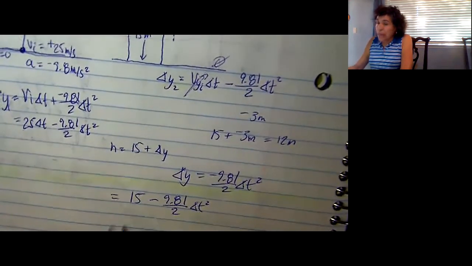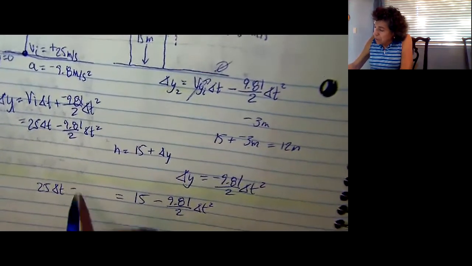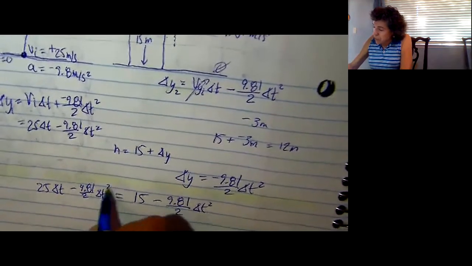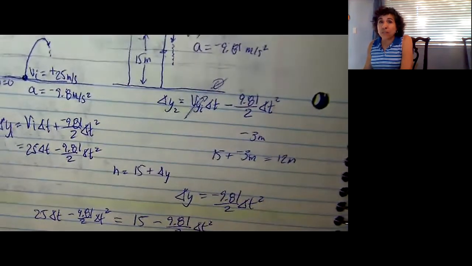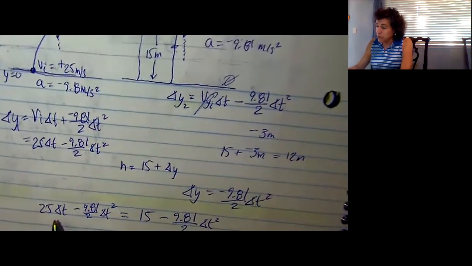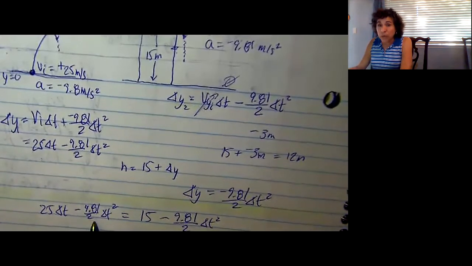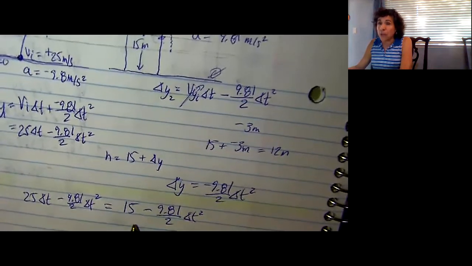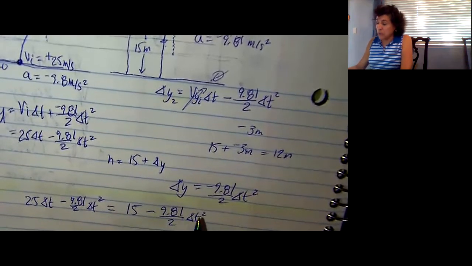And all that's got to be equal to 25 delta t minus 9.81 over 2 delta t squared. Again, whatever the height is, where they both are exactly the same, over here it's going to be 25 delta t, because here's my v initial, minus 9.81 over 2 delta t squared. On this one here, I had to do 15 plus all this stuff. Well, plus, but this is a negative, so that's like plus negative all this right here.